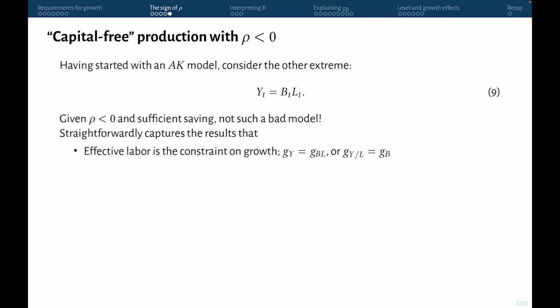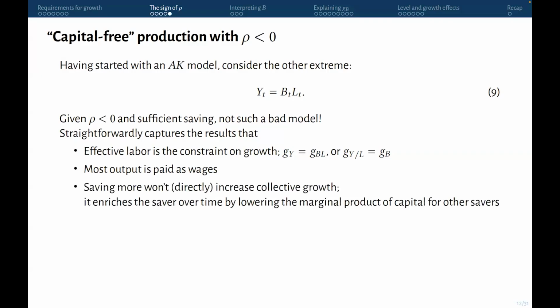And we have gross complementarity. In some sense, this isn't such a bad model, right? It straightforwardly captures the fact that effective labor is historically the main constraint on growth in the developed world. Most output, like 2/3, as I was saying, is paid out as wages. And saving more won't increase the growth rate.